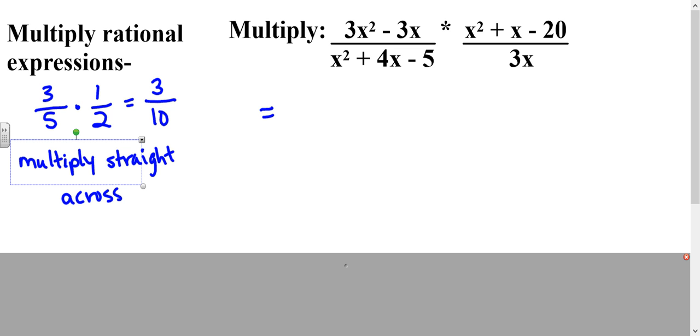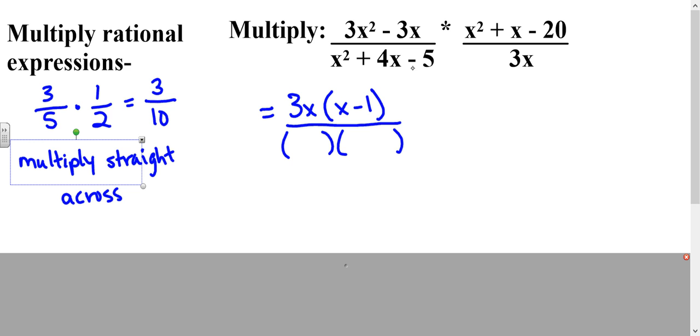Well, the first thing I always look for is greatest common factor. So I notice that the greatest common factor of this expression is 3x. And then if I divided that out, I would have left over x minus 1. Okay? Then, if I look at the bottom of this fraction, it's a trinomial, and there's not a number in front of x squared, so I'm going to find factors of -5 that add to be 4.